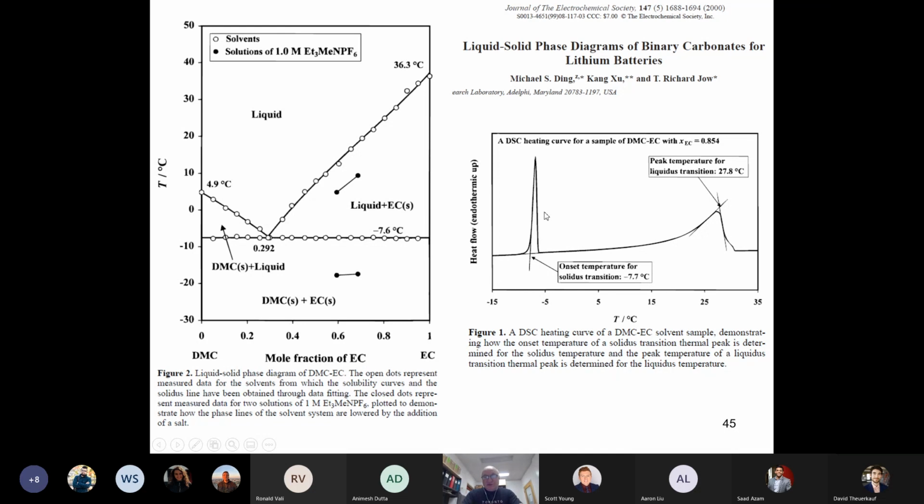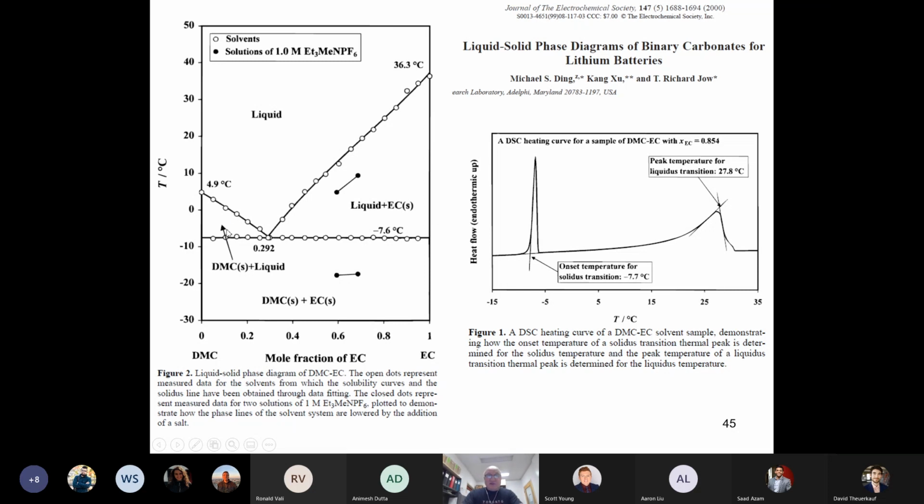And what you see is a feature at around minus 7.6 degrees C, which is the solidus line. So a portion of the sample has melted here. And then as you continue heating, you see this continual amount of heat flow, which terminates in a sharp cliff. And the position of this sharp cliff gives you the liquidus point.